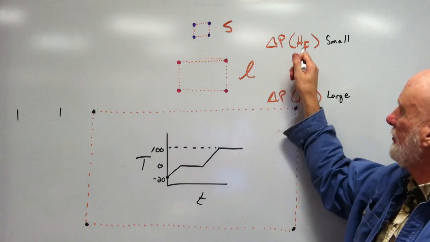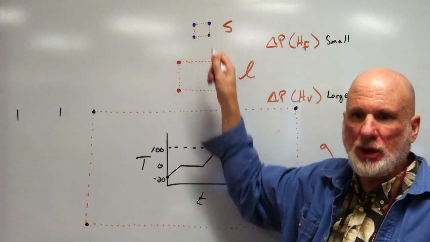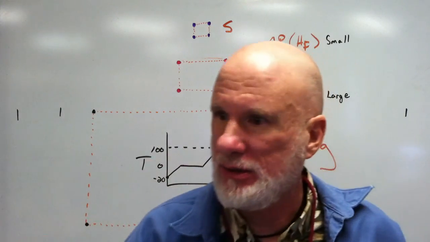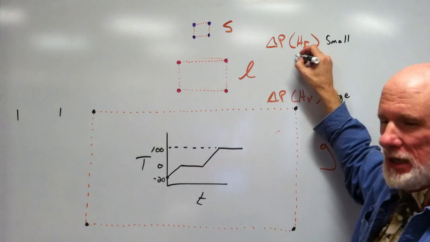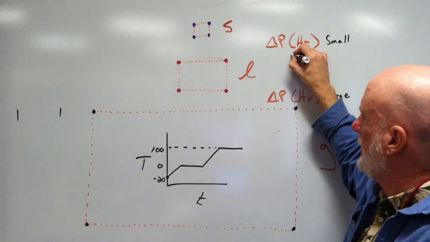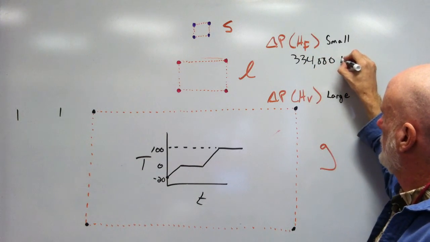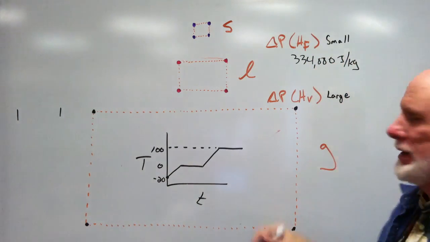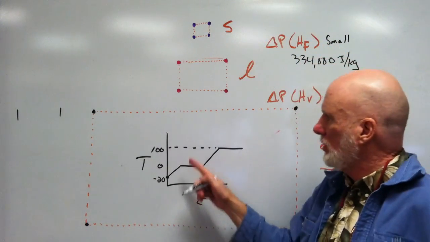The heat of fusion is small, going from a solid to a liquid, because it's a small change in distance. Correct? I think the heat of fusion for water is 334,000 joules per kilogram. Relatively small. Okay? All right.